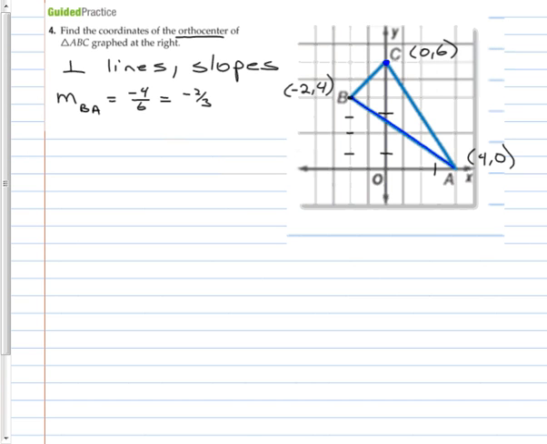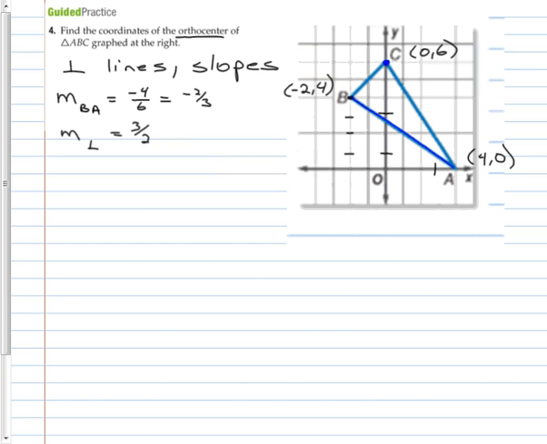So I need a line coming from C that is perpendicular to this one. What's going to be the slope of my perpendicular line? Positive 3 over 2.